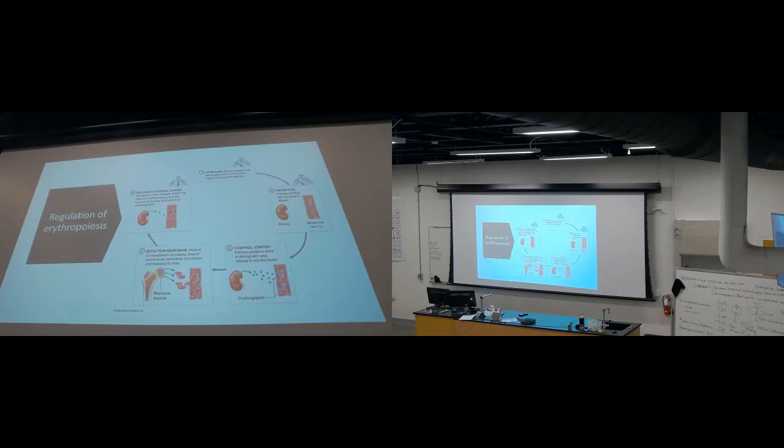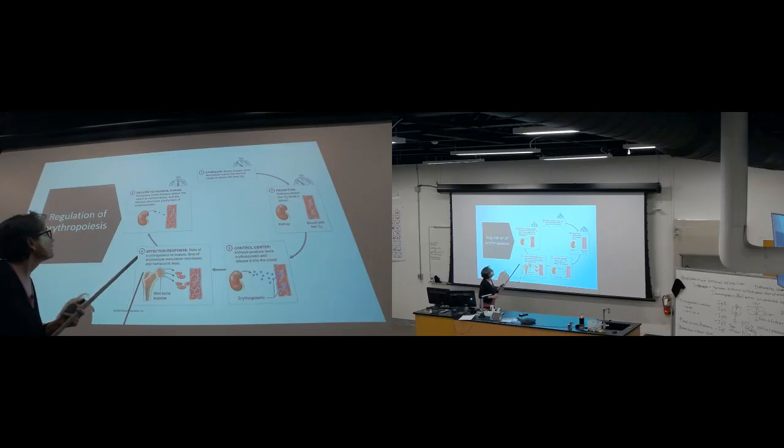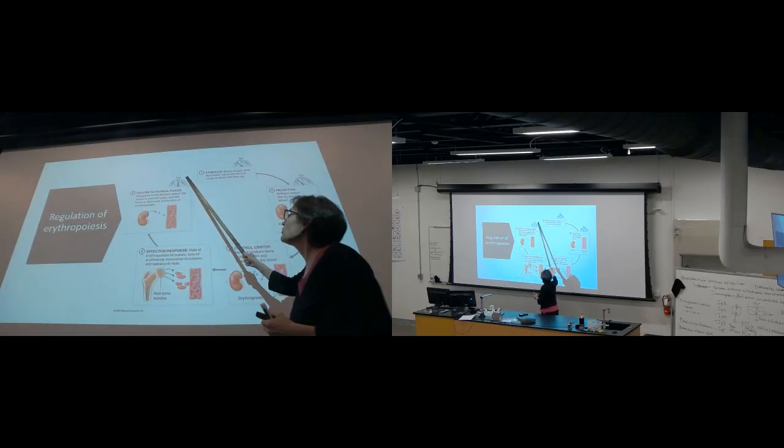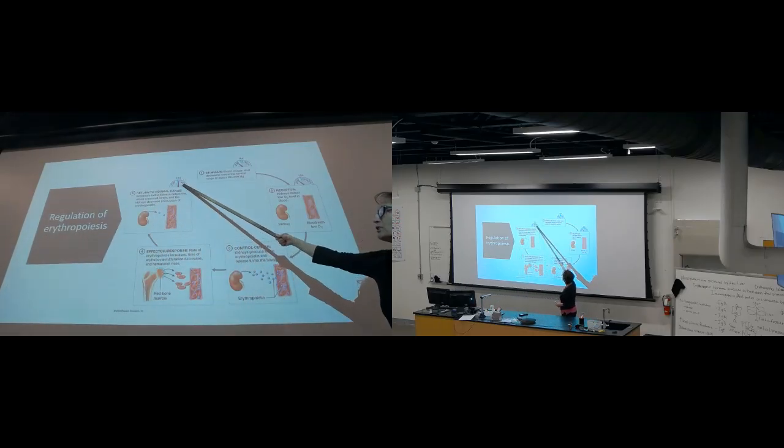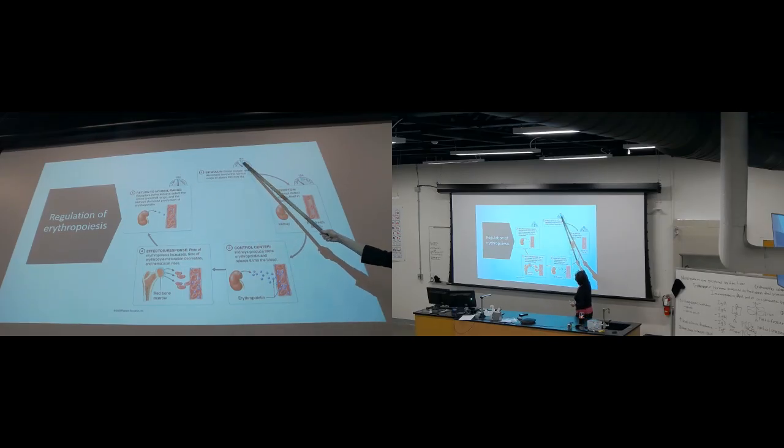So then what regulates erythropoiesis? Well, it's the amount of oxygen that we have in our blood, the PO2, partial pressure of oxygen. So here we have 104 millimeters of mercury of PO2. That's normal. But if your PO2 drops, then your kidneys will sense that hypoxia.